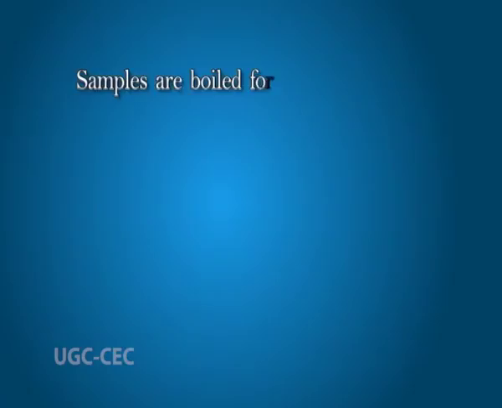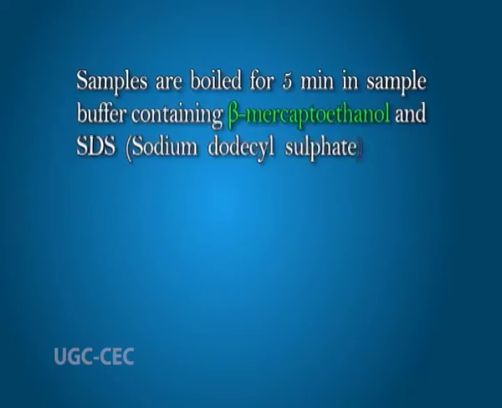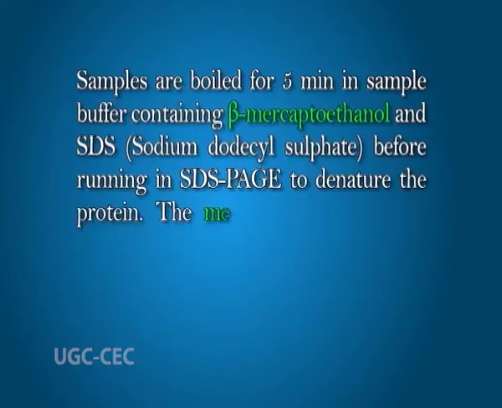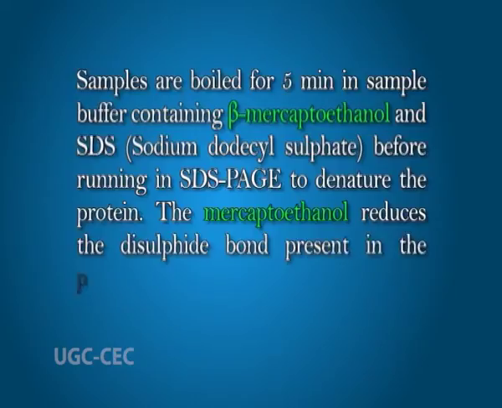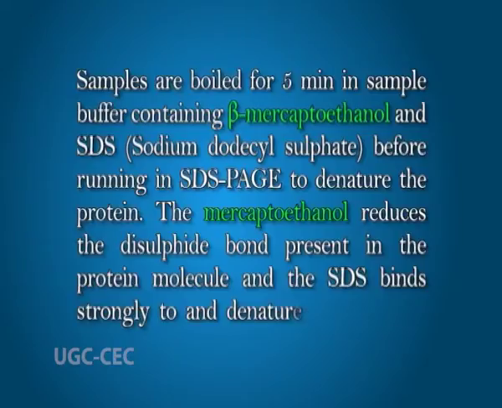Samples are boiled for 5 minutes in sample buffer containing beta-mercaptoethanol and SDS, sodium dodecyl sulfate, before running in SDS-PAGE to denature the protein. The mercaptoethanol reduces the disulfide bonds present in the protein molecule, and the SDS binds strongly to and denatures the protein.